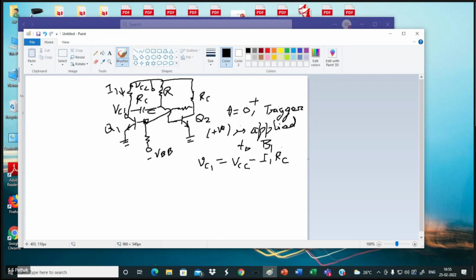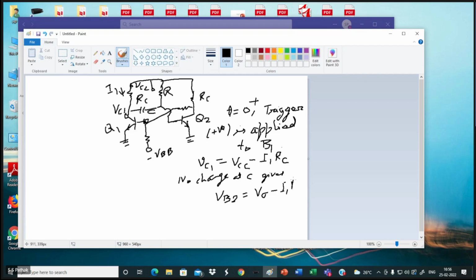And the same voltage, this voltage, will come at the base immediately because the capacitor is not having any charge. So no charge at C gives VB2 becoming equal to, that was V sigma, whatever there is, minus I1 RC.